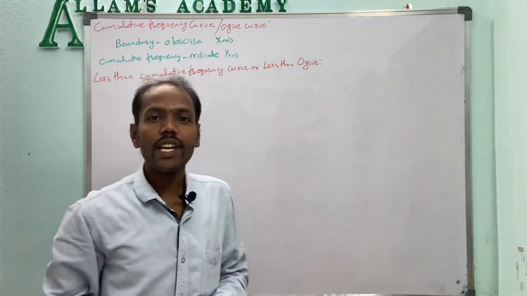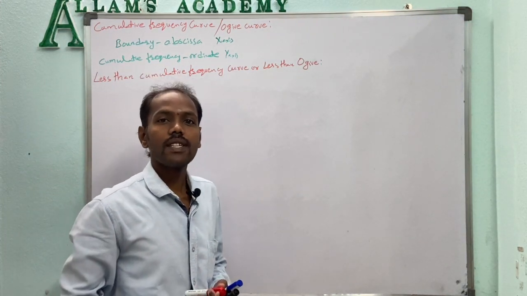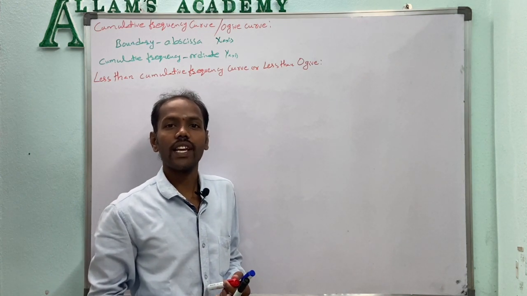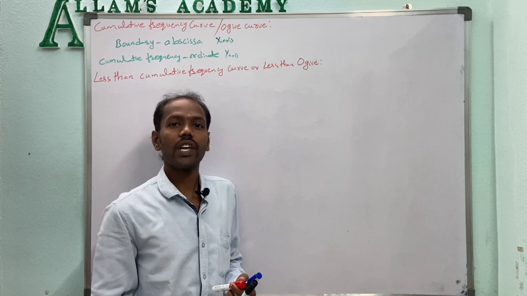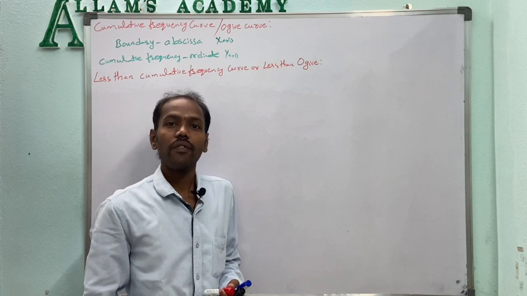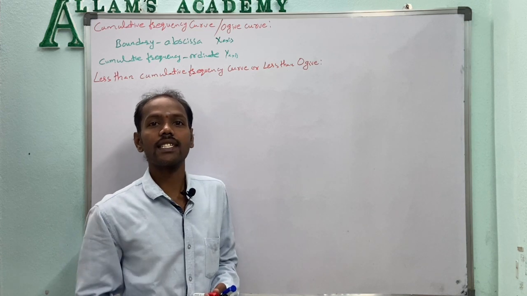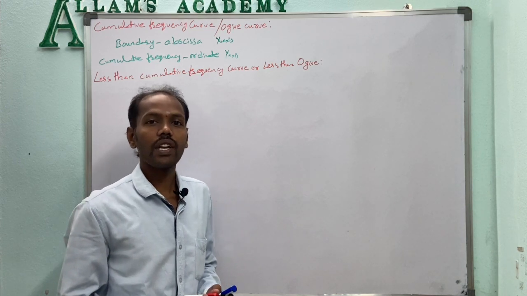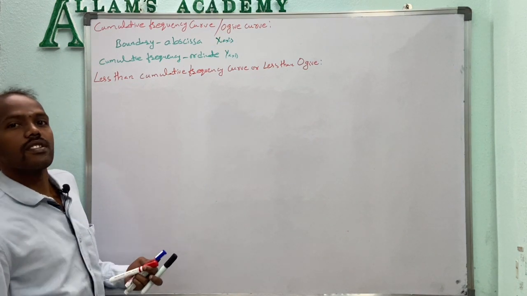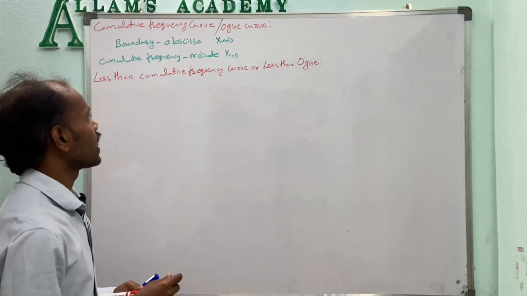For finding the median, as we already said, we have to find the cumulative frequency. For that we take the less than cumulative frequency, so here only the less than cumulative frequencies we have to calculate.